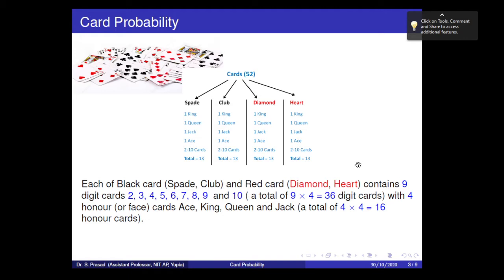Now we can say that there are 36 digit cards, because 9 digit cards for each suit, and there are 4 suits, so 9 into 4 is equal to 36 digit cards. And 4 face cards are in each of spade, club, diamond, and hearts, so the total is 4 into 4 is equal to 16 honor cards. Honor cards are also called face cards.